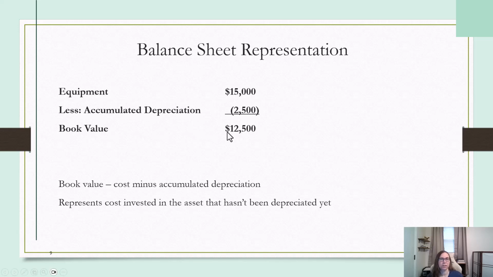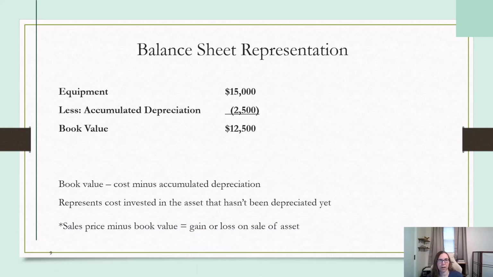And the $12,500 doesn't represent the market value. They could sell this equipment right now for $20,000, or they could sell it for $8,000. It doesn't represent the market value, it represents the book value, the value on the books.